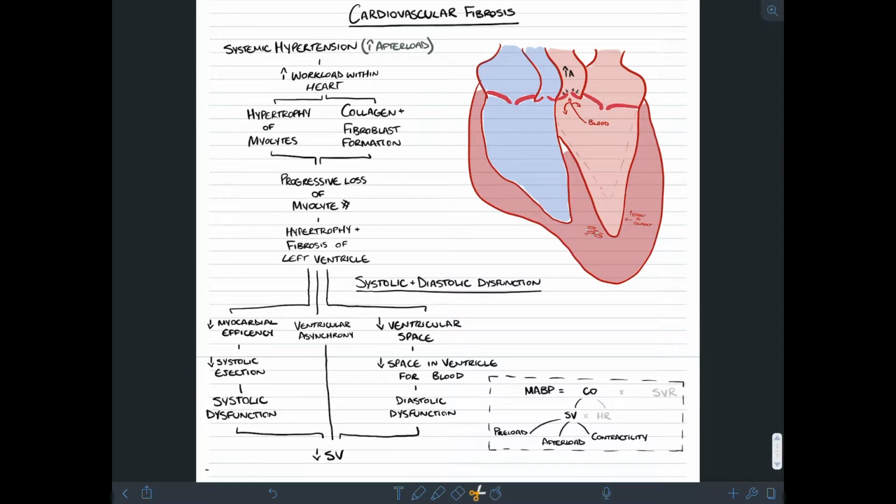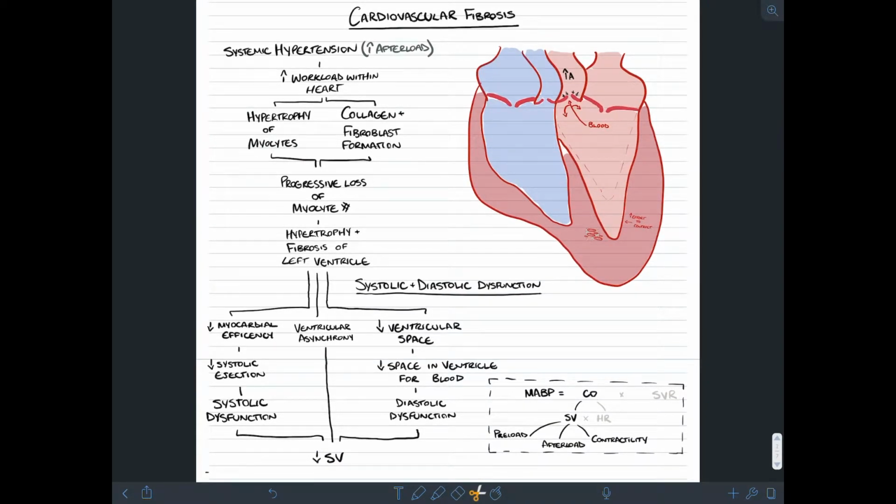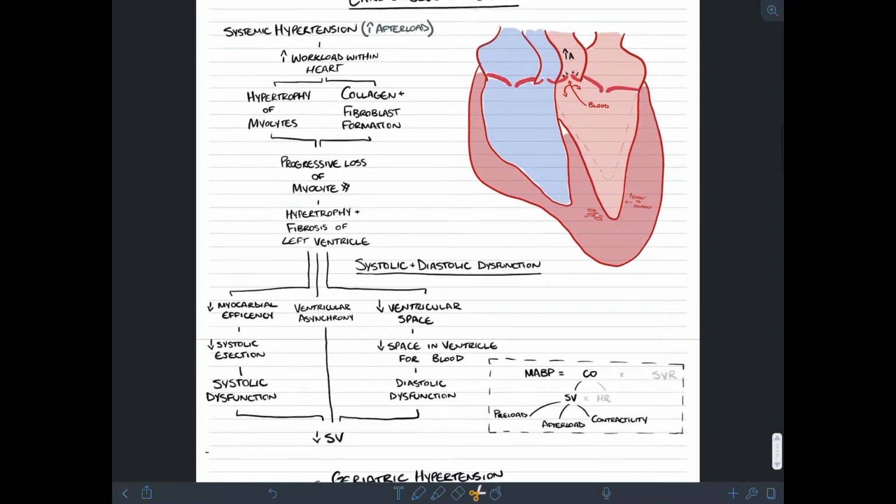So then we start to see a loss in synchronizing between the two. So all three of these things lower your stroke volume, and our stroke volume really affects our cardiac output, therefore affecting our ability to perfuse.